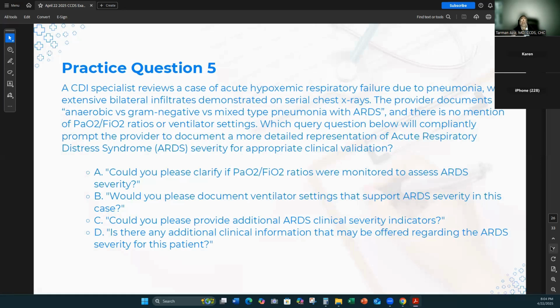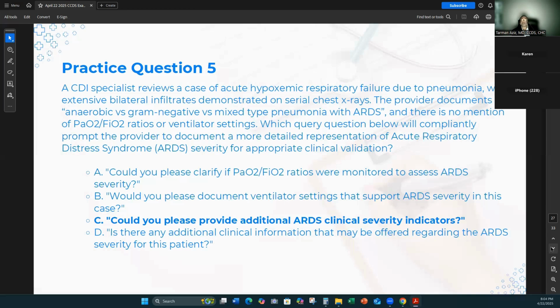The way that we generally ask clinical validation questions is simply to ask for more indicators. If you look at choice D also, is there any additional information that may be offered? It's a bit vague, but could you please provide additional ARDS indicators is always a safe way to ask the clinical validation question.